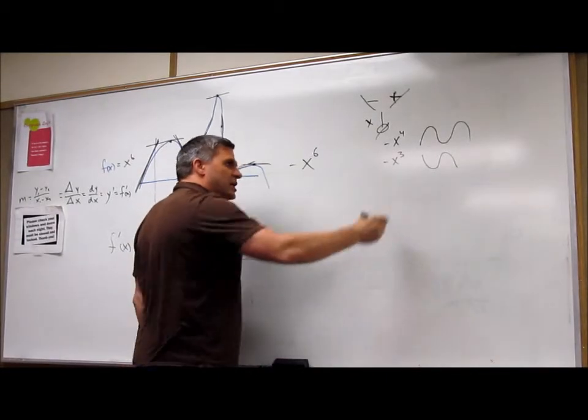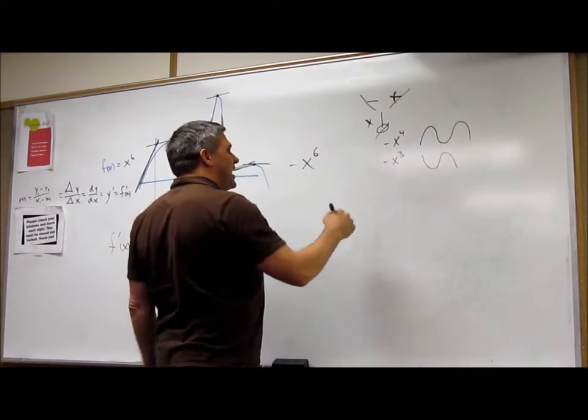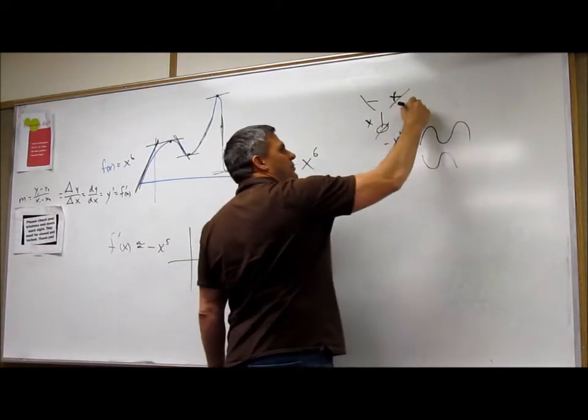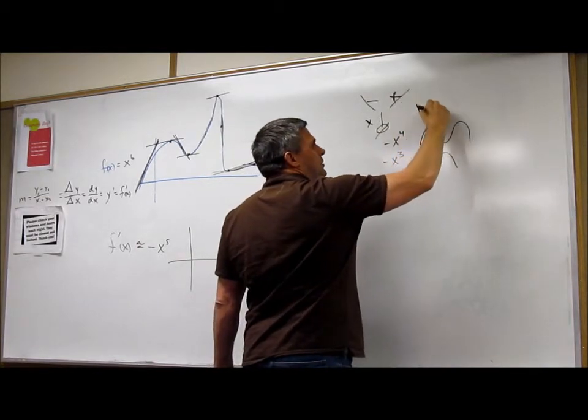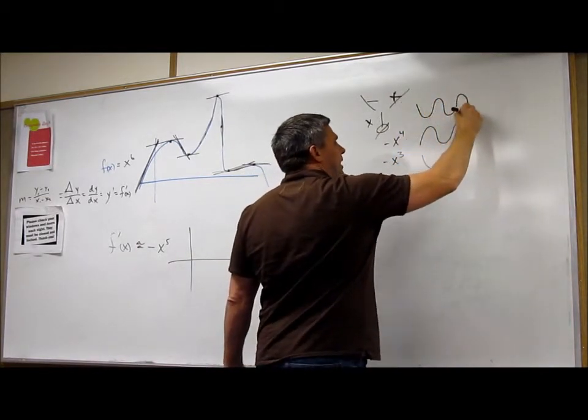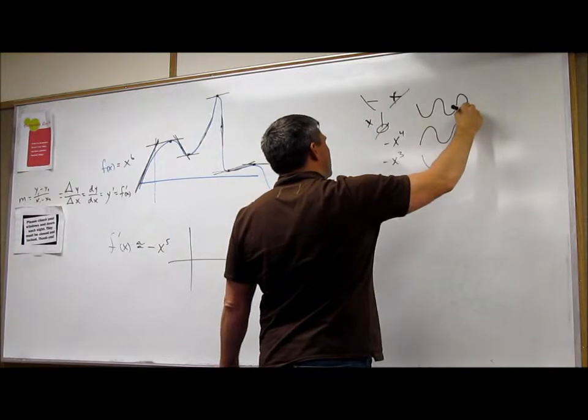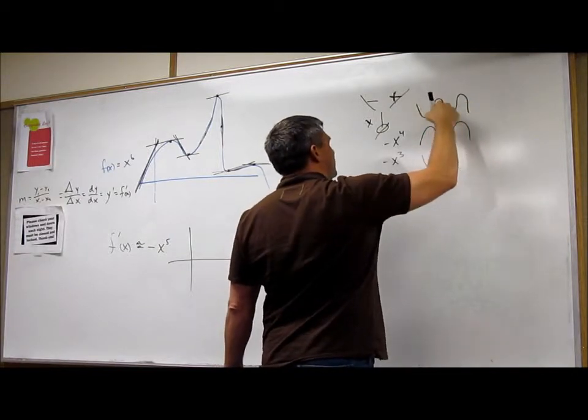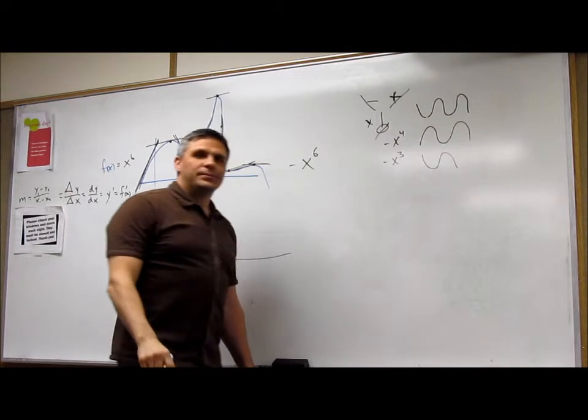So it's going to look kind of like, well, if it's negative, right? So this next one would be 1, 2, 3, 4, 5.